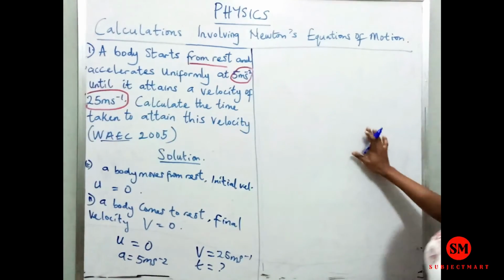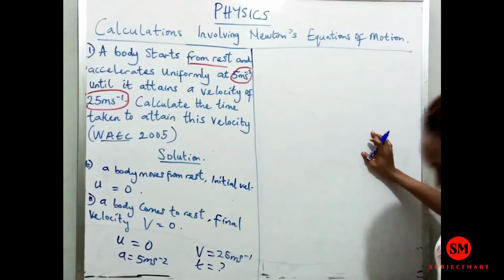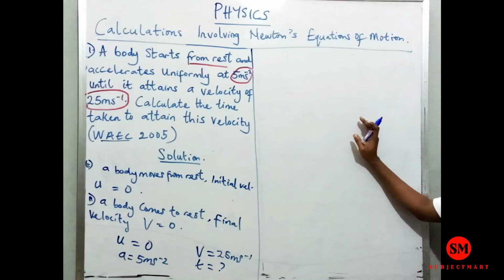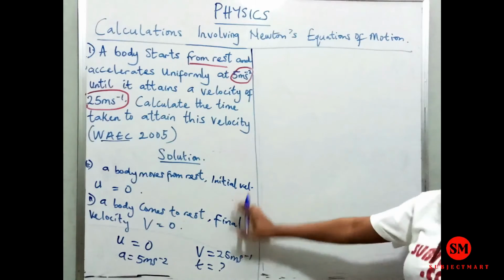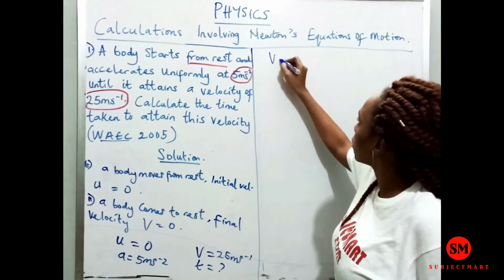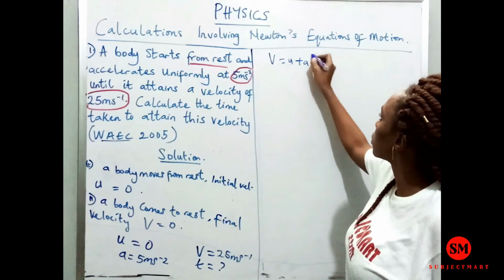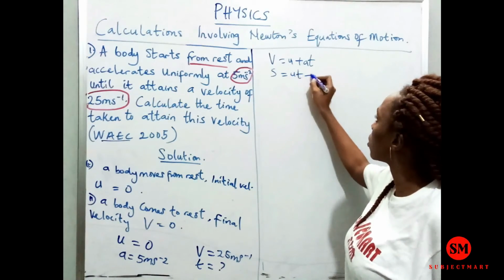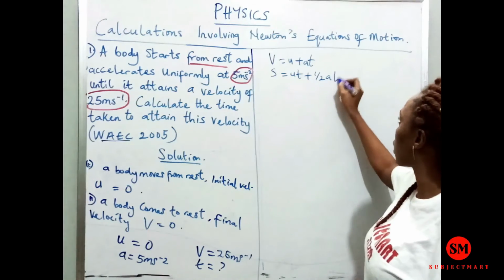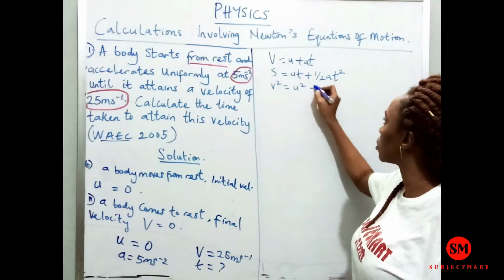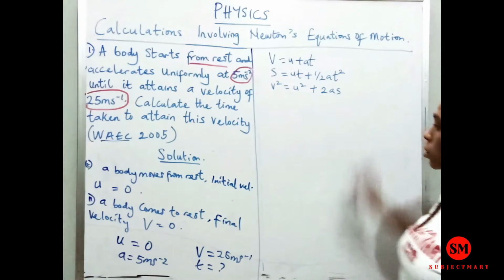Okay? So the first thing we need to do here is to list the 3 equations of motion, after which we decide which one of them to use, depending on the given parameters. So we have v equals to u plus at, which is the first equation, s equals to ut plus half at squared, and third one, v squared equals u squared plus 2as.